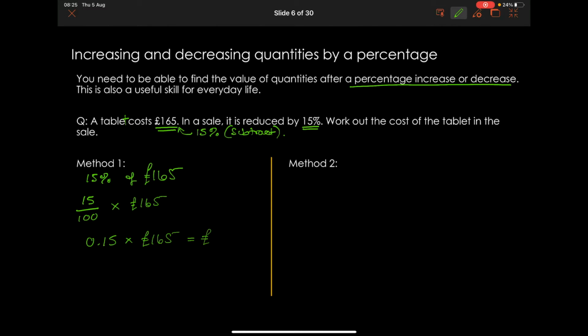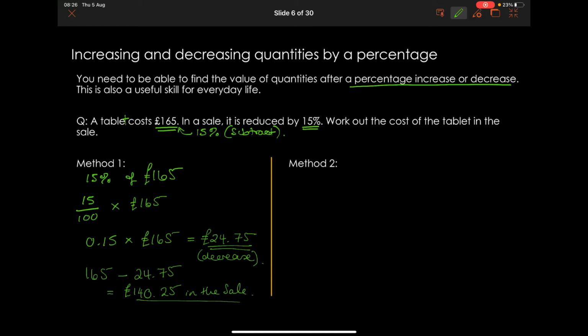If we do that, it gives us a value of £24.75. Now, that's not our answer, that's our decrease. So the last thing we need to do is 165 take away £24.75, leaving us with a total of £140.25 in the sale. Okay? Done.